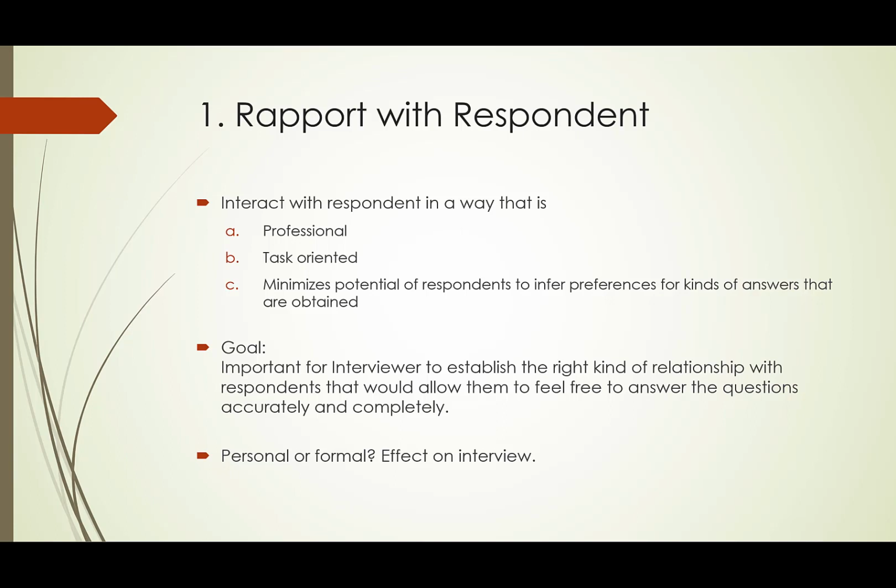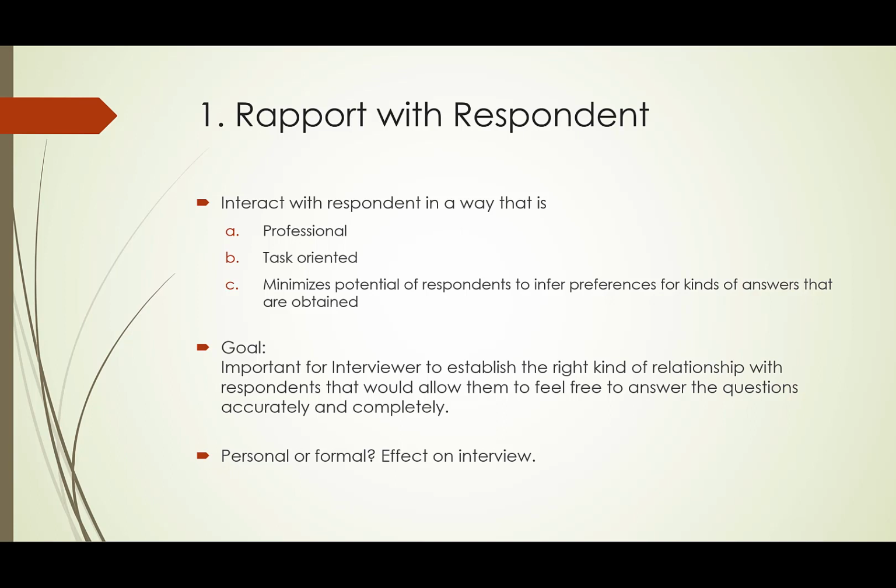And the research out there is kind of inconclusive on whether one is better than the other for the most part. So it's striking a balance between those two. There is some good research, though, that says when there's a difference between certain characteristics of the interviewer and the respondent, that can impact that relationship, specifically if there's a difference in education.